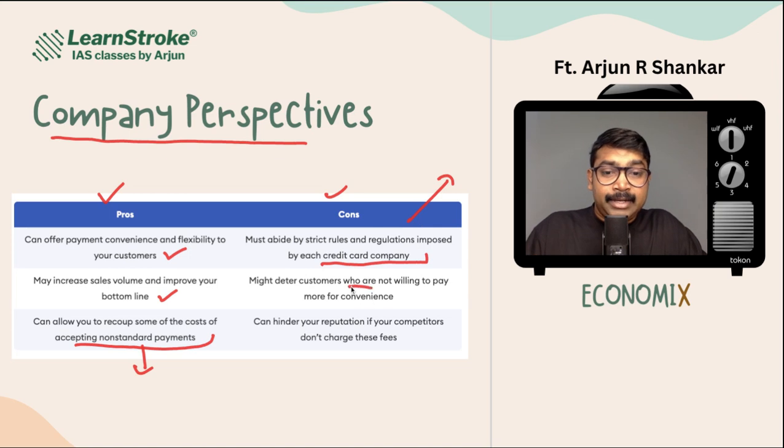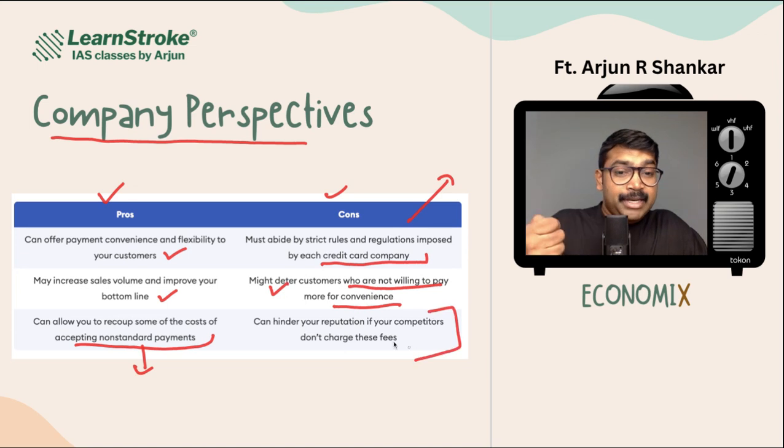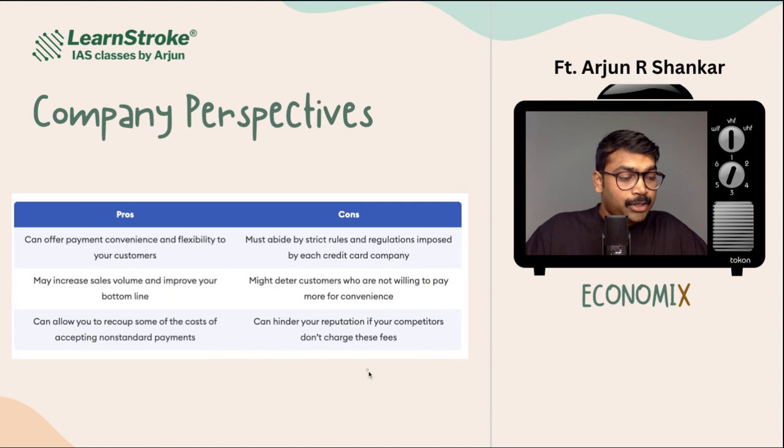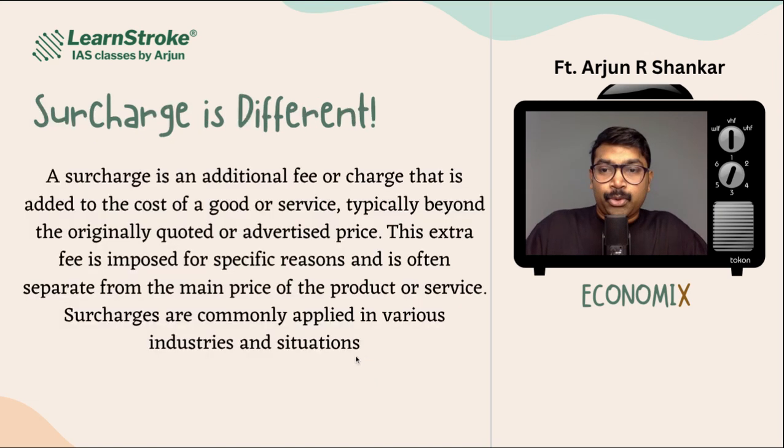It might also deter customers who are not willing to pay convenience fee. And you can even have a problem with competitors. Imagine you are A, and B is selling it online and they are not charging convenience fees. So more people will migrate from A to B. This can also be a problem, so please understand. These are some of the pros and cons for the total industry.